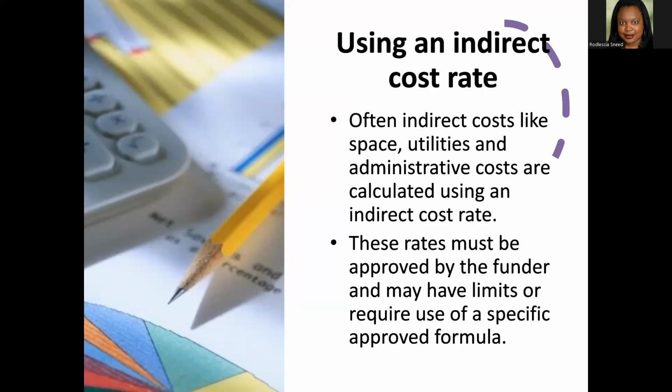Now, one of the challenges here, and particularly with universities that tend to have very high indirect cost rates, is that some funders limit the rate that they're willing to reimburse for indirect costs.